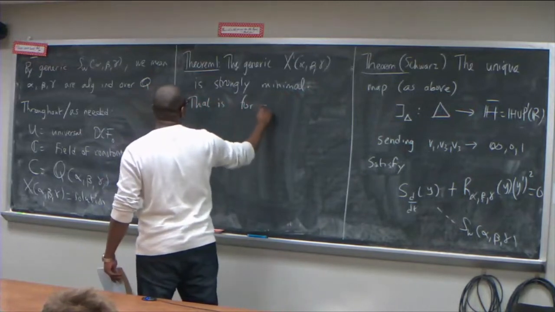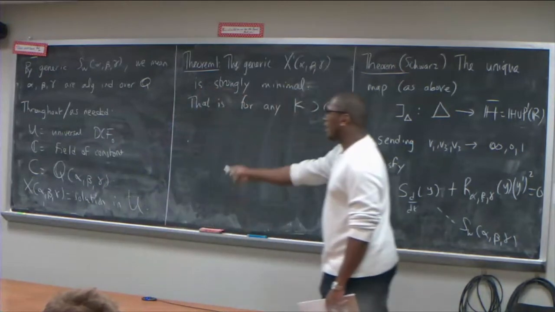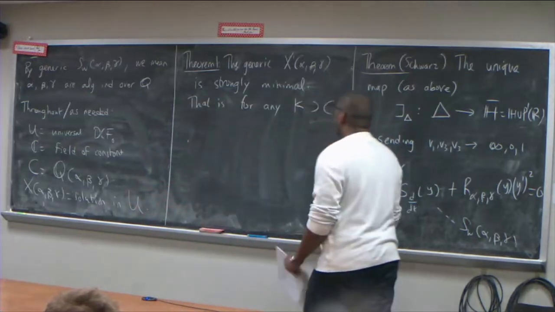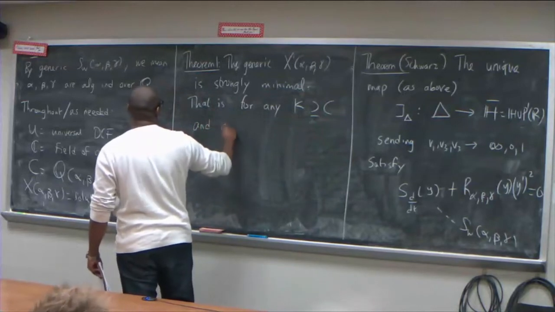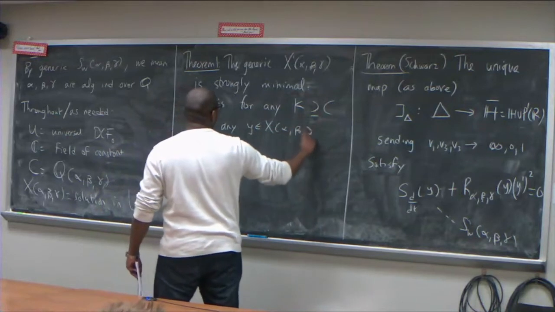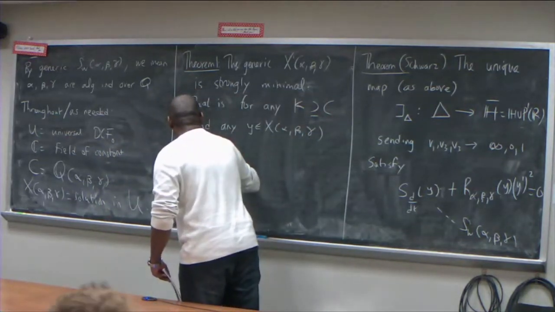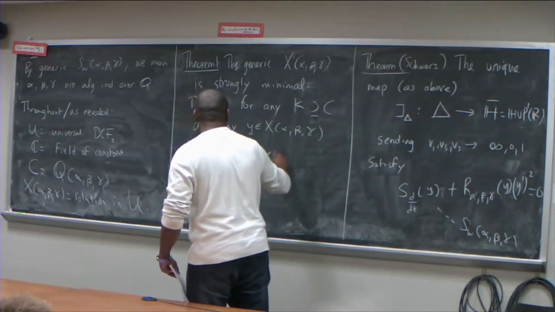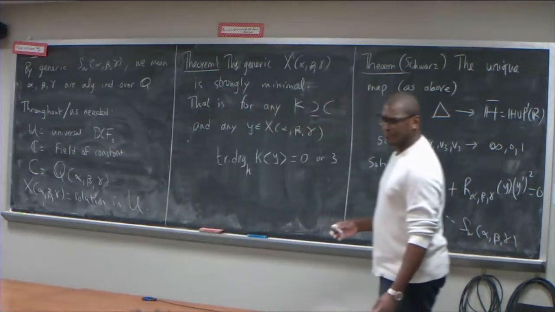For any differential field extension K of my base field C, and any solution, the transcendence degree over K of the differential field generated by the solution is 0 or 3.